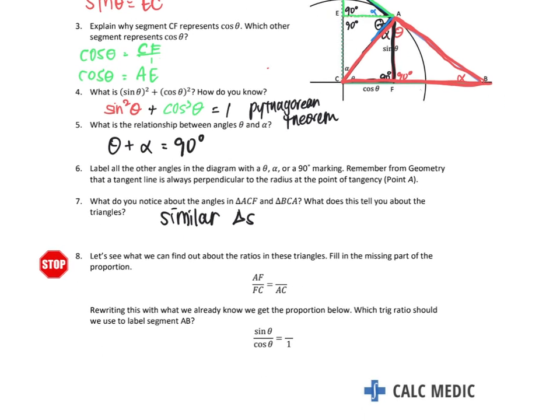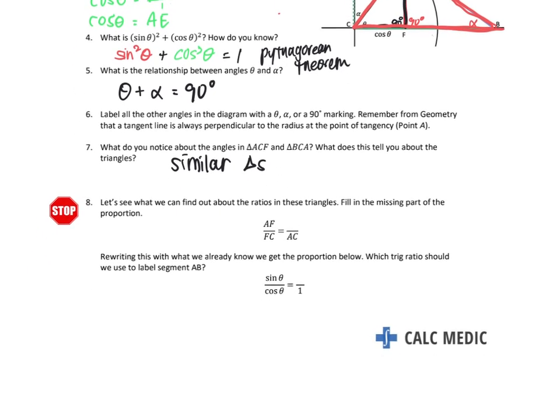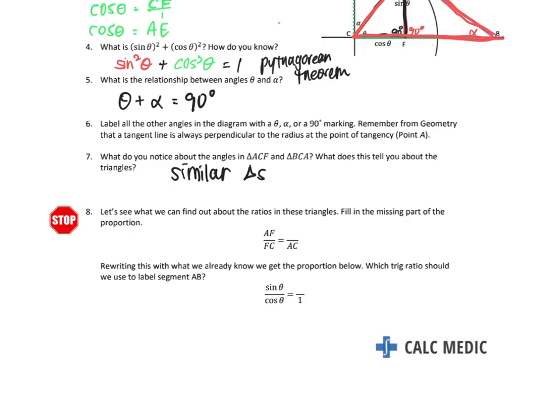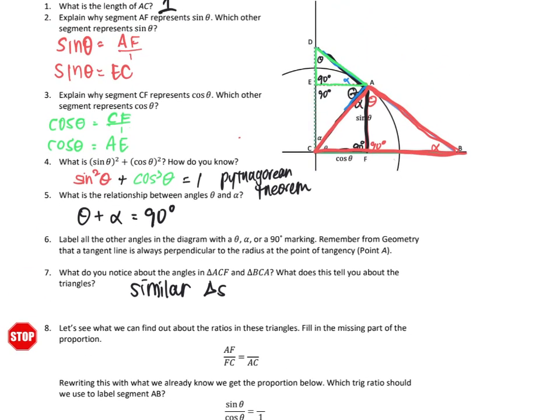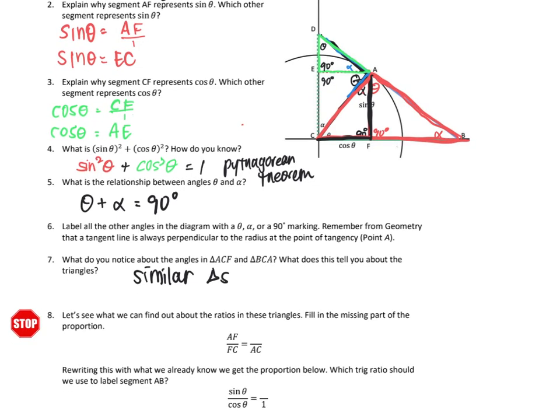Okay, then it says, let's see what we can find out about the ratios in this triangle. Fill in the missing proportions. So AF over FC. So AF divided by FC is equal to something divided by AC, and AC is our shorter side.